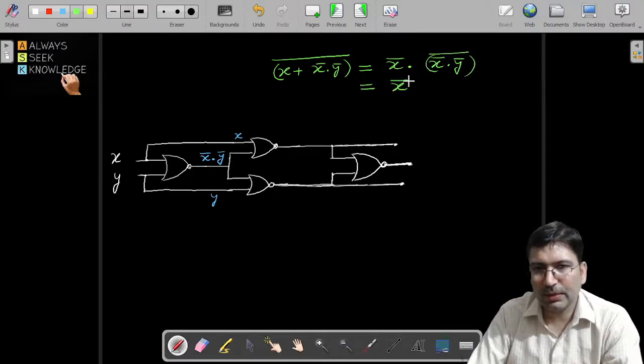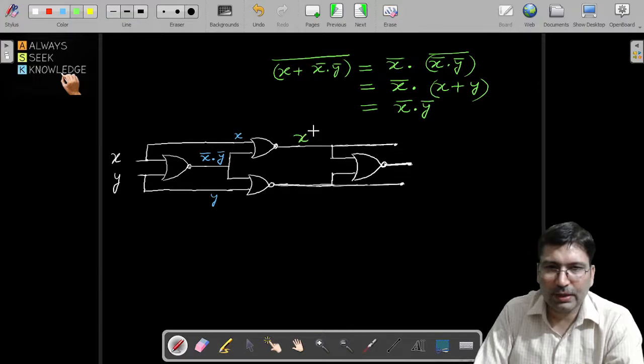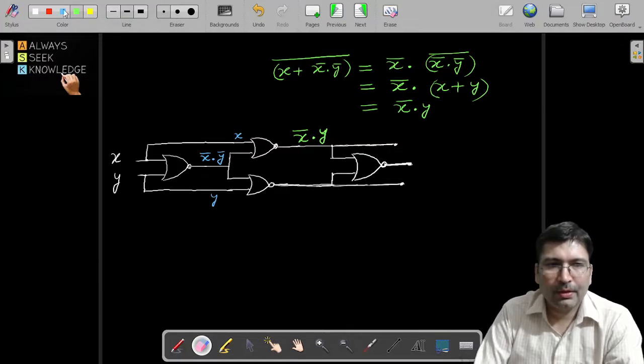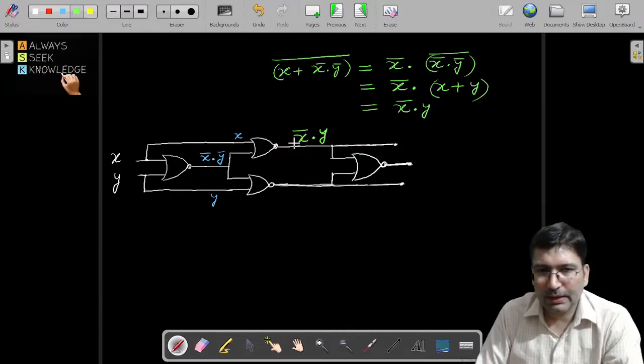So this will give us X bar dot, X double bar that means X only, plus Y double bar means Y only. So when we solve this, it will give us X bar dot X, that will become 0, and then the next term will give us X bar dot Y. So here we are getting X bar dot Y, not Y bar, Y only, right? So this line will give us X bar dot Y.